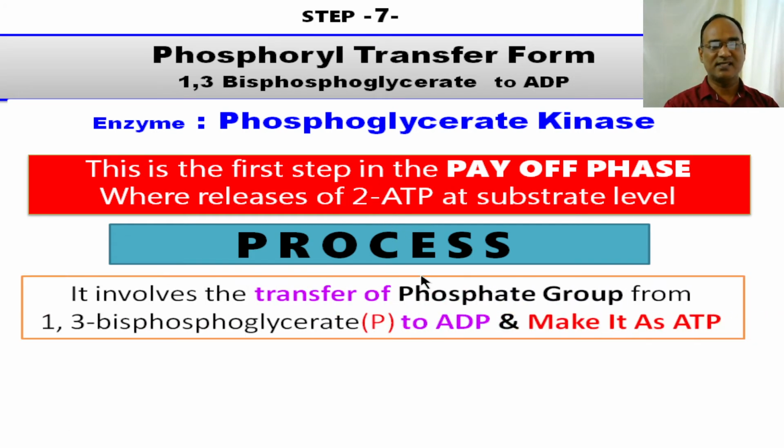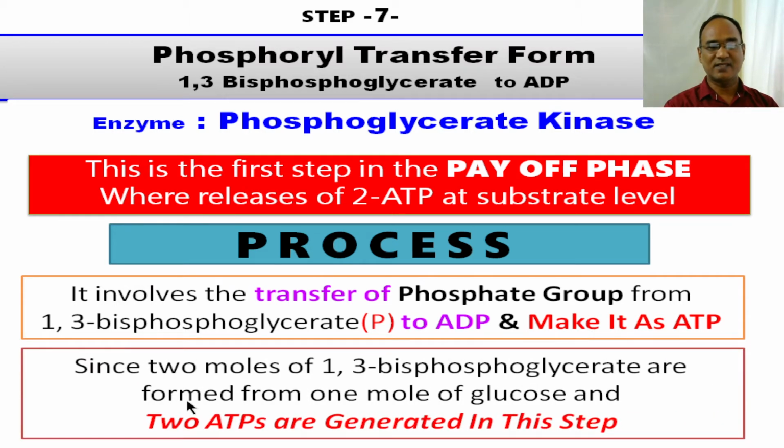The process involves transfer of one phosphate group from 1,3-bisphosphoglycerate, which combines with adenosine diphosphate to make adenosine triphosphate. Since two molecules of 1,3-bisphosphoglycerate are formed from 1 mole of glucose, 2 ATPs are generated in this phase, so you get 2 ATP for your working muscle.